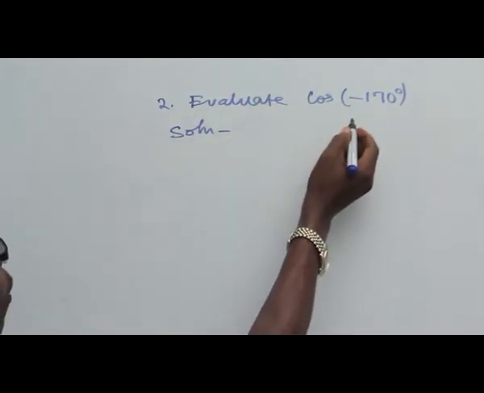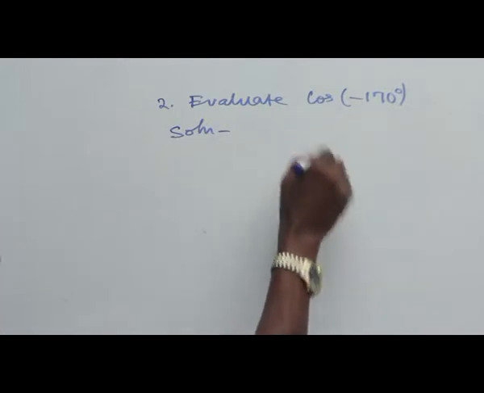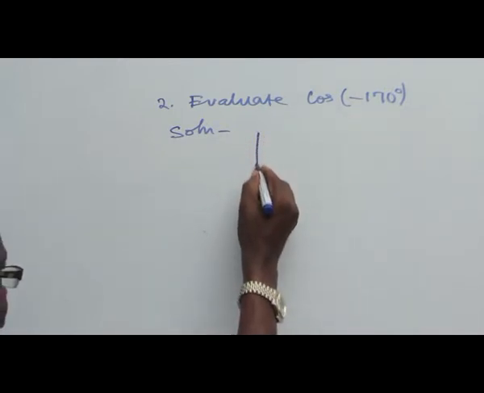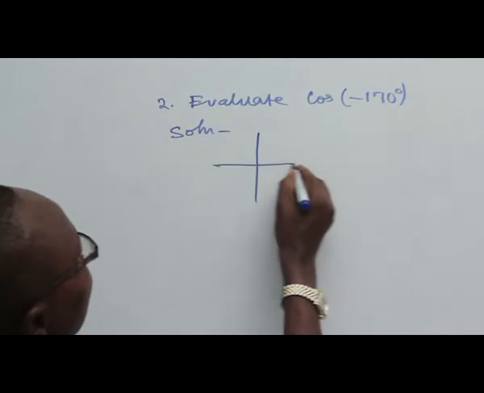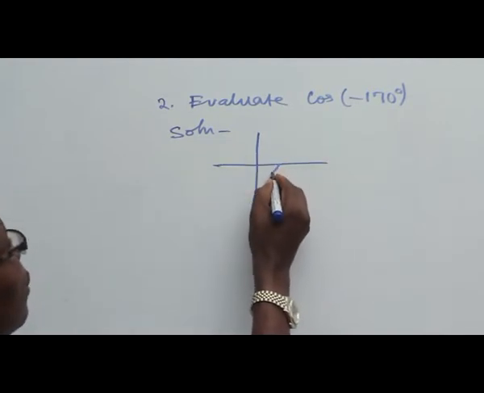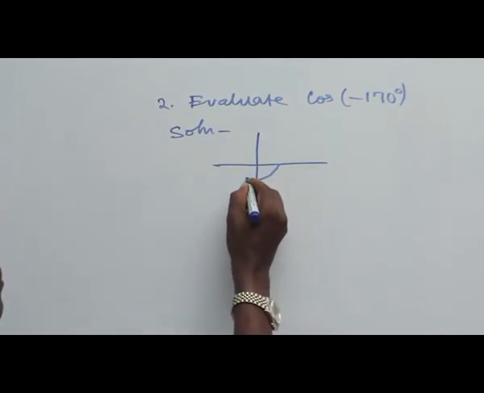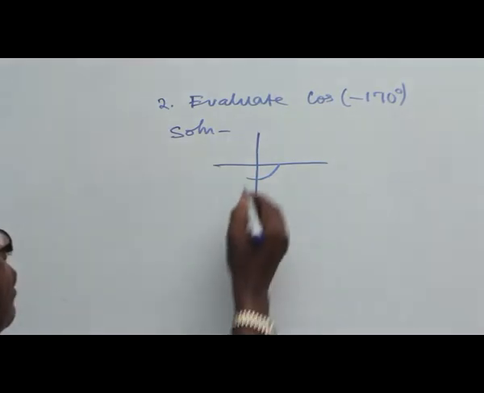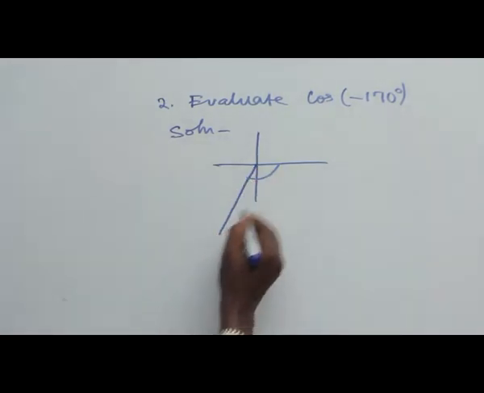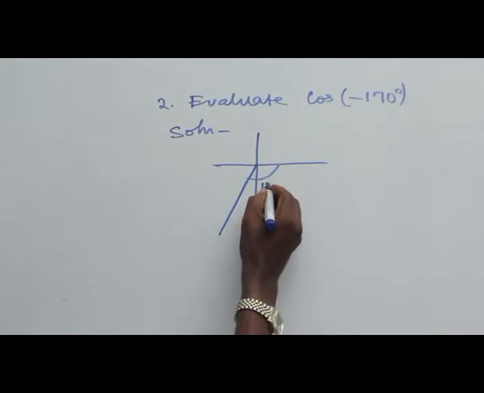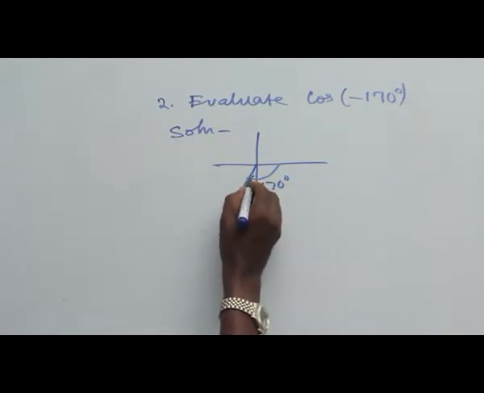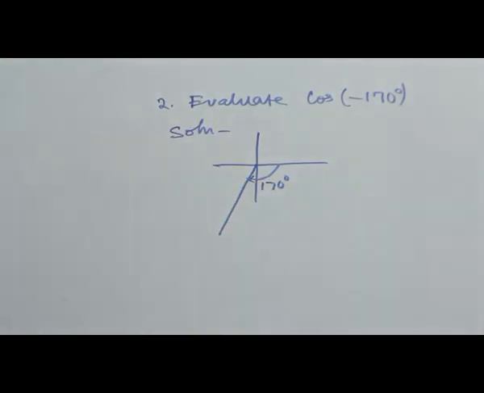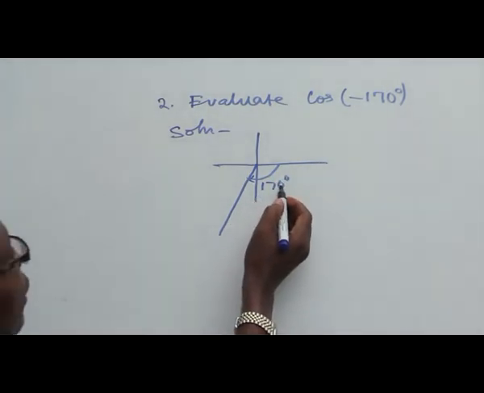In this case, this angle has been measured clockwise. That is, you have something like this, and the angle was measured in this form, 170 degrees. And this is the angle. But because of the direction of measurement, it is minus 170 degrees.